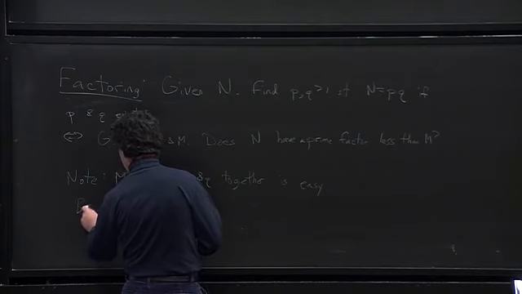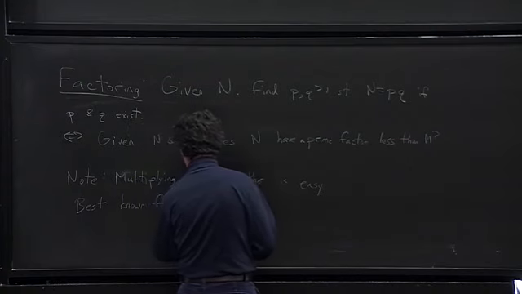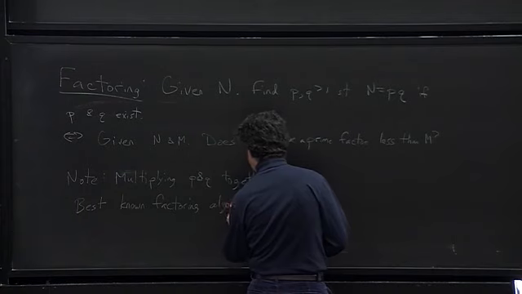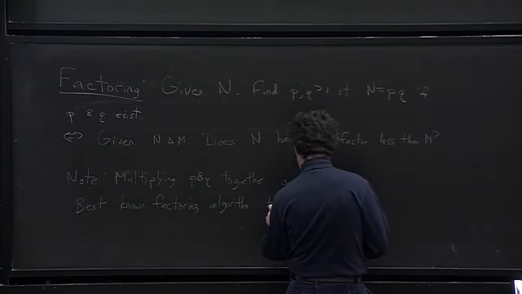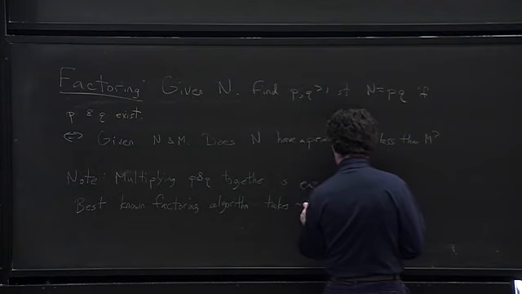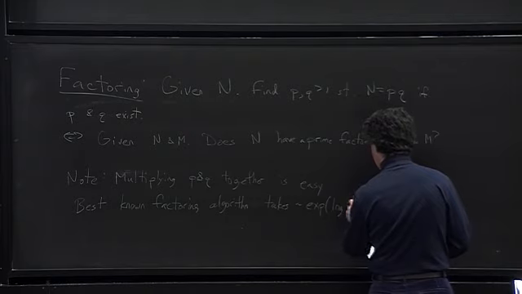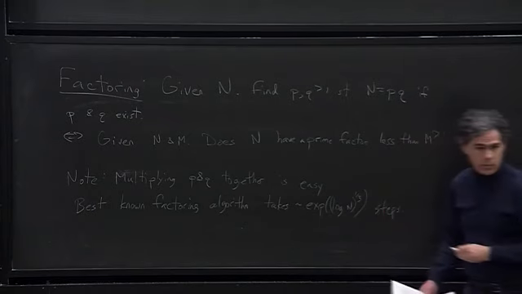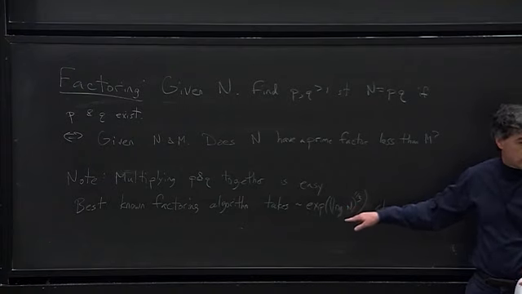But nevertheless, the best publicly known factoring algorithm, again for reasons I'll get to in a minute, takes about exp of (log n)^(1/3) steps. So that's not quite exponential in the input size, but it's sub-exponential. And it's certainly more than any polynomial.